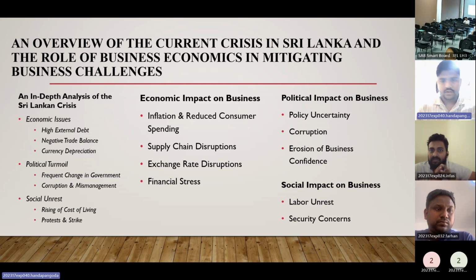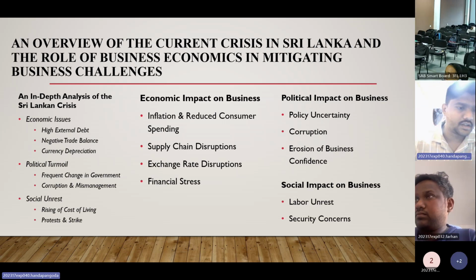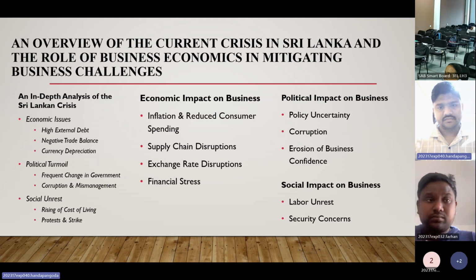So when we talk about the first, economic issues, we have a high amount of debt and a negative trade balance. That means our exports are less than our imports. And currently we are facing currency depreciation. So these are the economic impacts on our business.